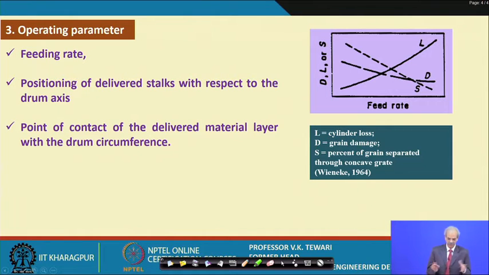Operating parameters, well, feed rate, that is what I was trying to tell, feed rate, positioning of the delivered stock with respect to the drum sticks and point of contact.